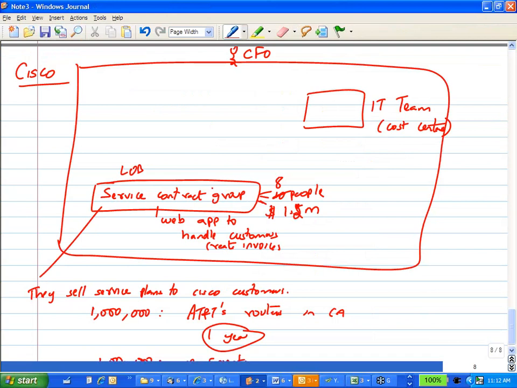When this business group asks this team to do a project for them, the IT team says, okay, we'll do this project for you. We're going to have 5 developers working for you on this project. And on a weekly basis, whether they are full-time employees or contractors, doesn't matter, they fill out a timesheet that says what they worked on. So this developer will say, I worked 5 hours on project 1.